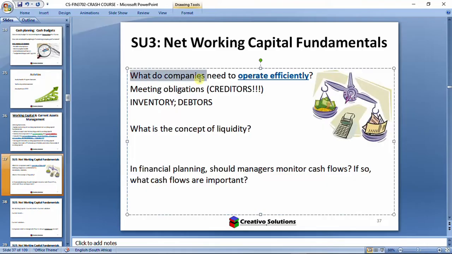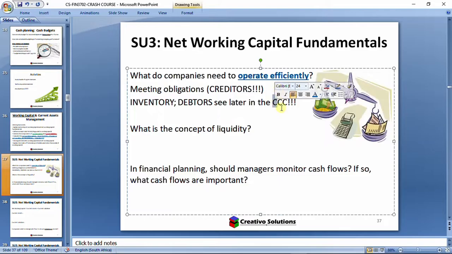When a company is operating, they need to manage these key components, and you will see it in the cash conversion cycle. When we start next week, we'll look at that. It's an important section, it always comes up. It looks at all the different components: creditors, inventory, debtors, and the most obvious one, the C, the cash.